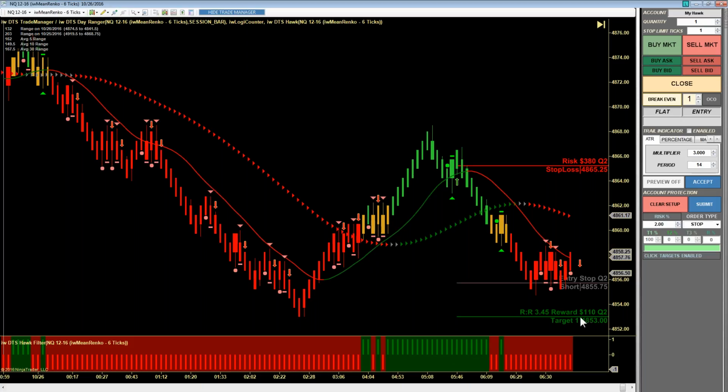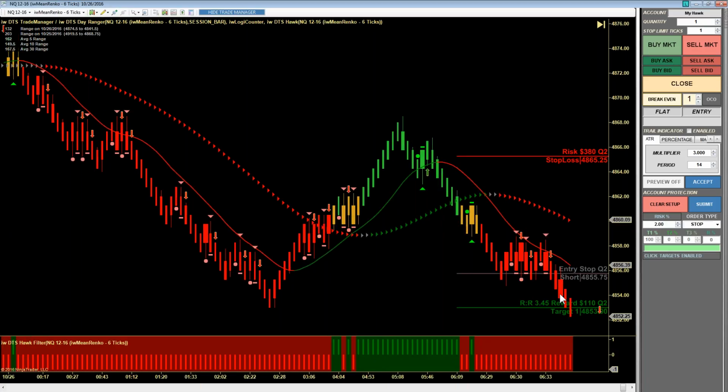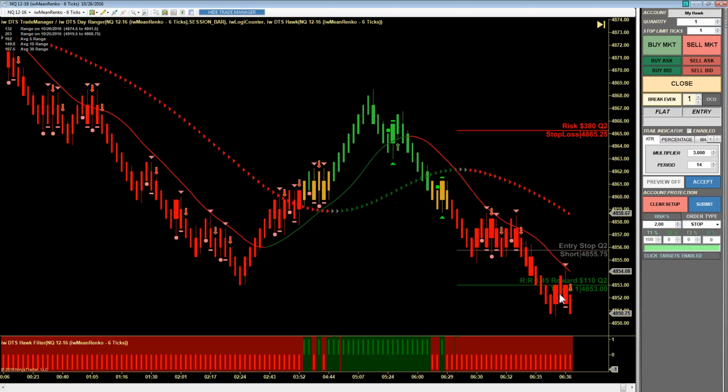Now, I know on the surface it seems very lopsided. The market brings me in. Is there a better example? No, okay, it goes right against me. And I hit my profit target. But at no time was my stop in danger, right? It's only a loss if you actually get hit.